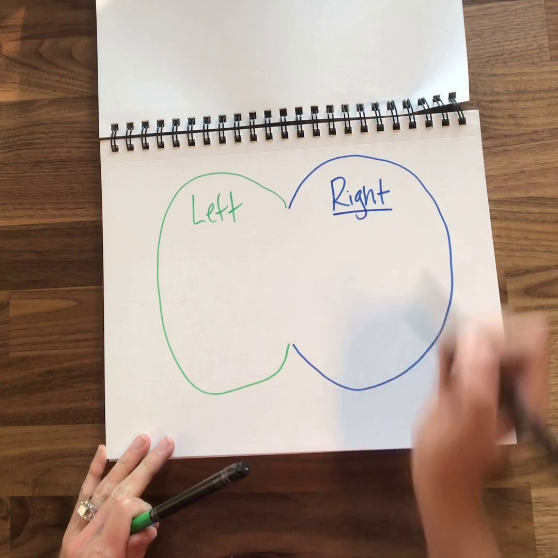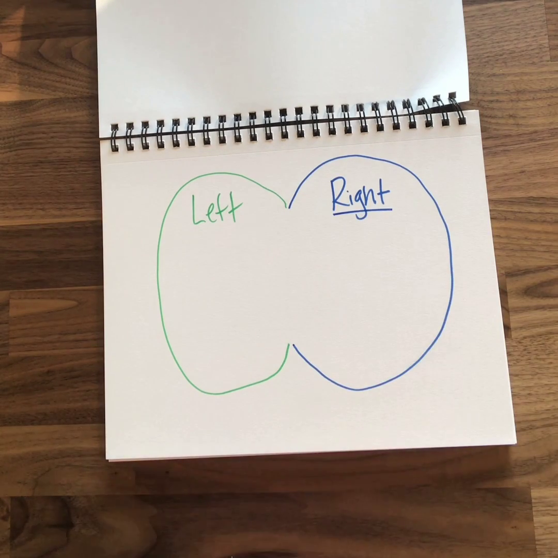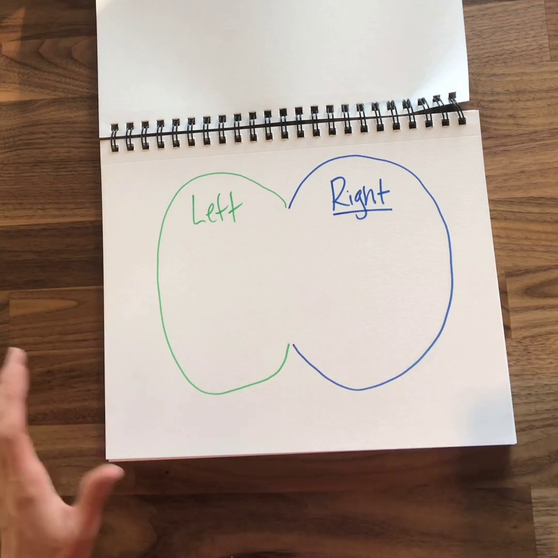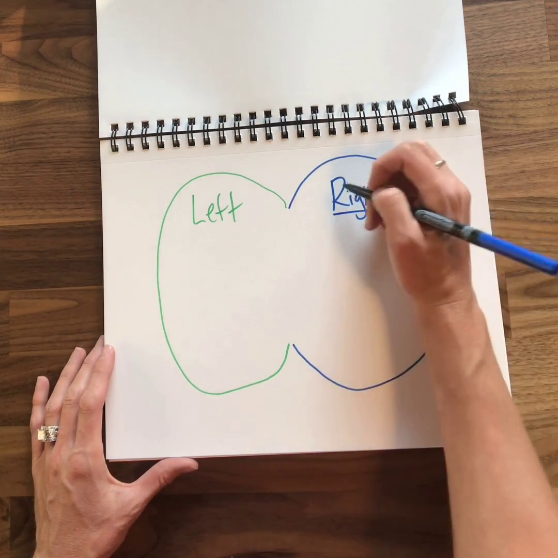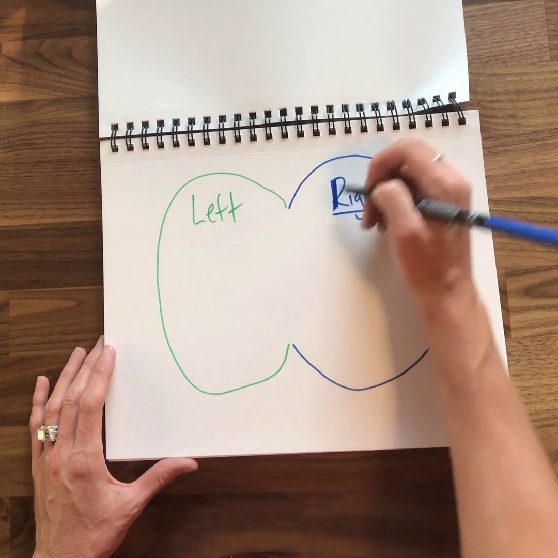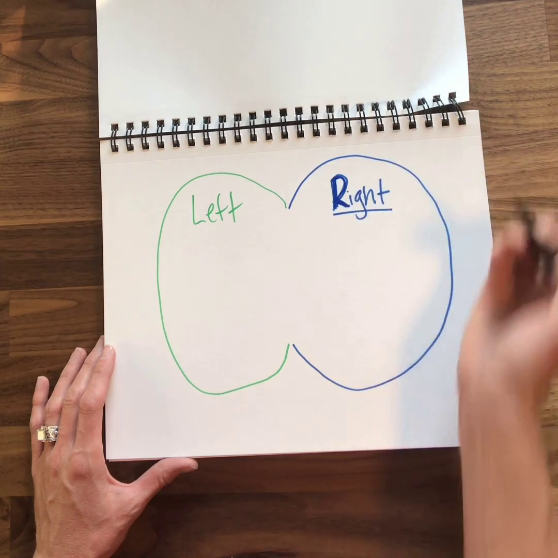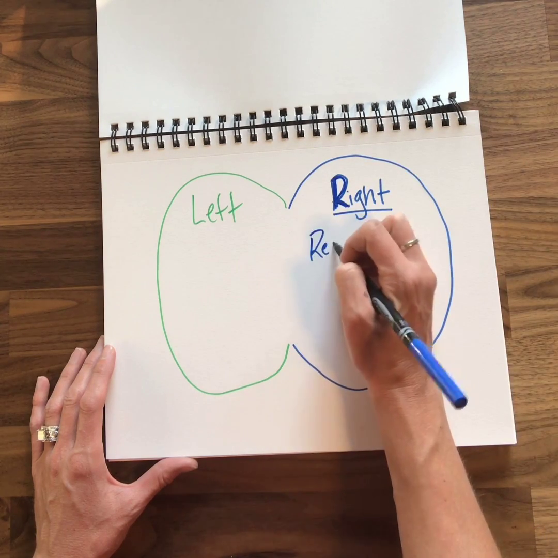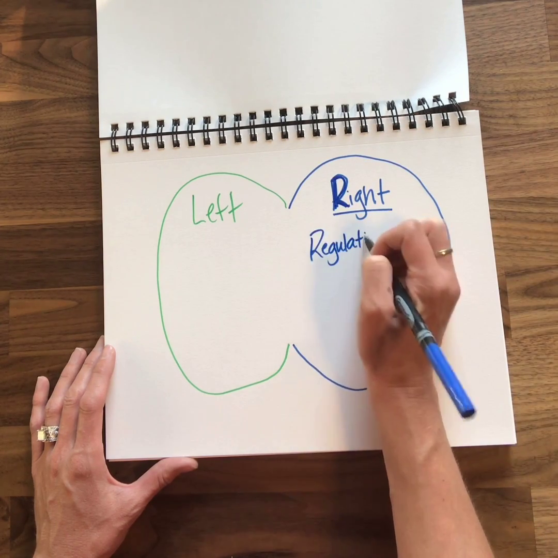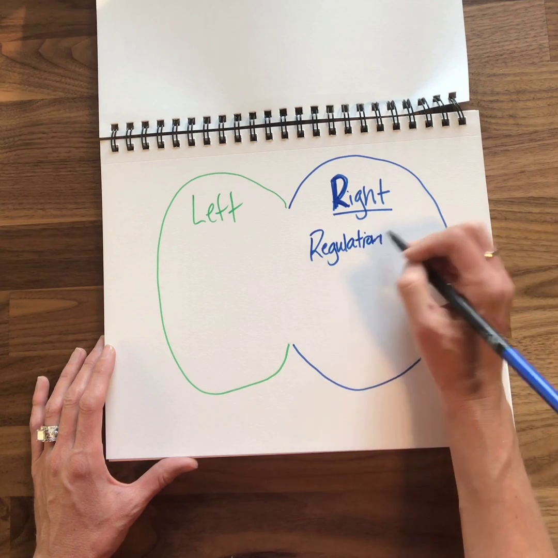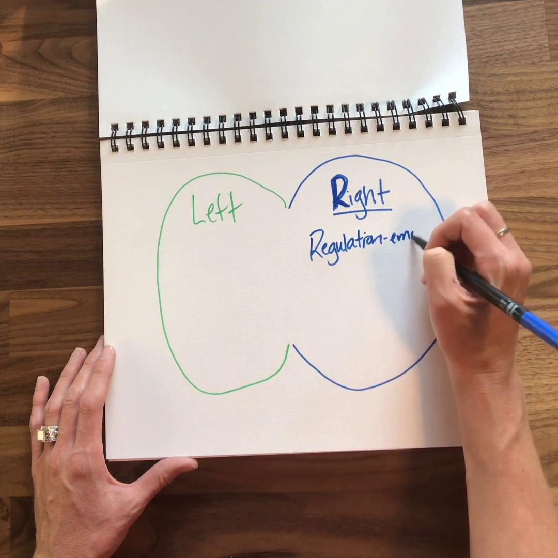So the right side of the brain is involved in, well, the left and the right are involved in a lot of different things, but the right kind of specializes in things that start with the letter R. So you can think about things that start with the letter R, and the first one is regulation, and specifically regulation of emotions.